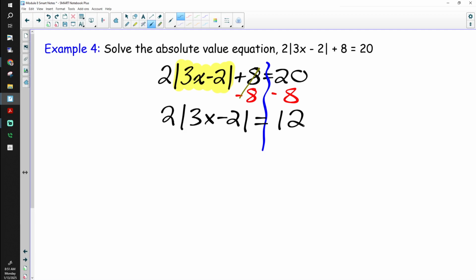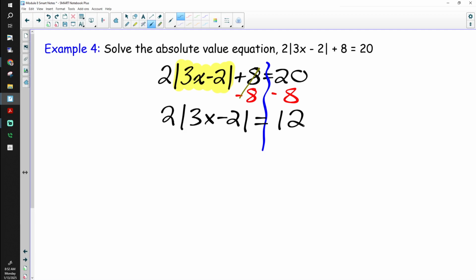Right now, the 2 and the absolute value of 3x minus 2, they're being what? What operation? Like if I had to put an operation in between these, what would it be? When things touch in math with nothing in between, they are being multiplied.